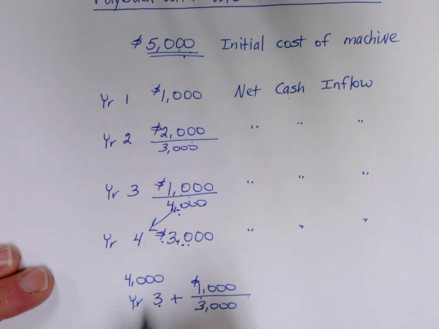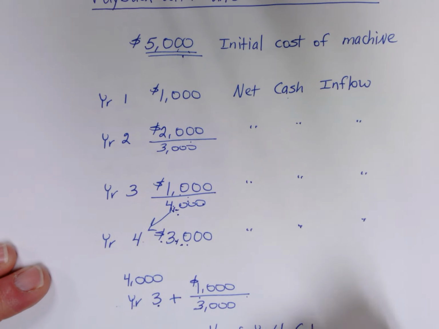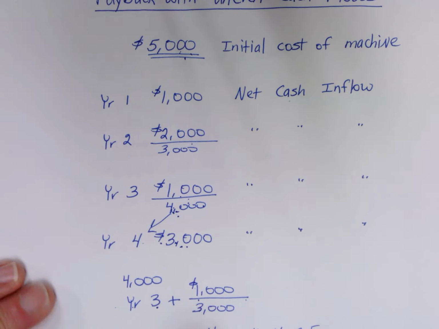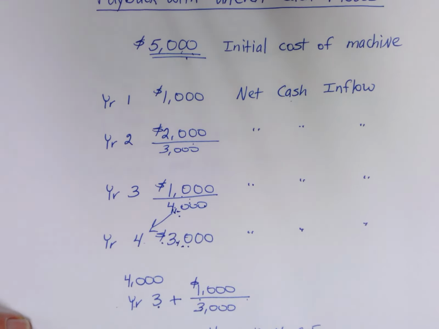And so payback would be 3 years plus 1/3 of year 4 cash flow. So that equals 3.3 years, or 3 years and 4 months. So that's the payback period for this asset with uneven cash flows. And that's a summary of payback analysis.